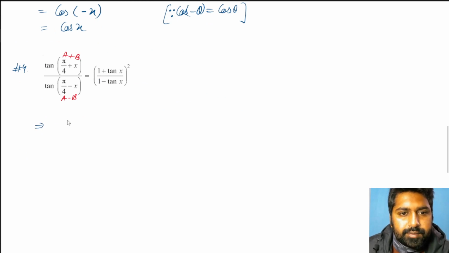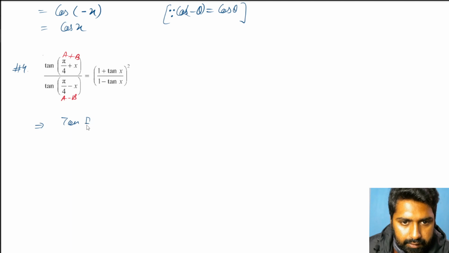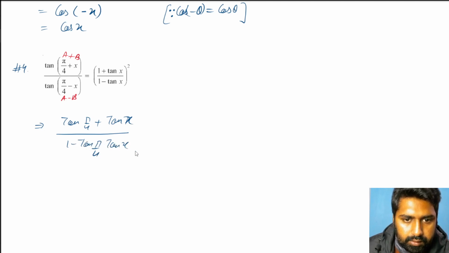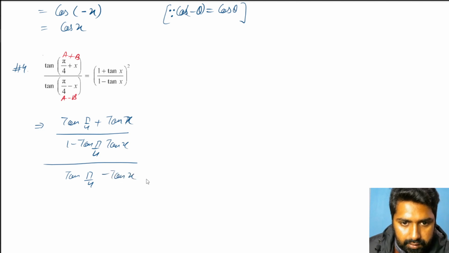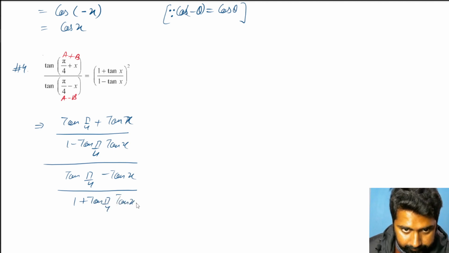So tan A plus B is tan A plus tan B upon 1 minus tan A tan B. Okay. In the denominator we have to do A minus B. So tan A minus tan B upon 1 plus tan A tan B.